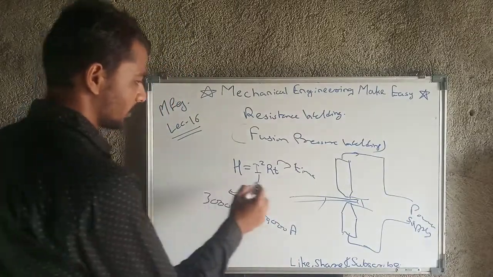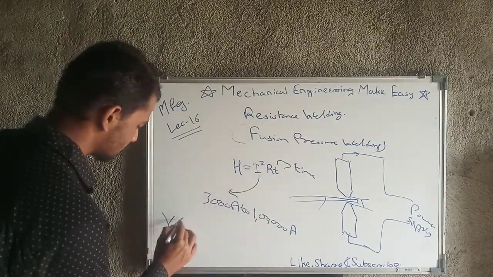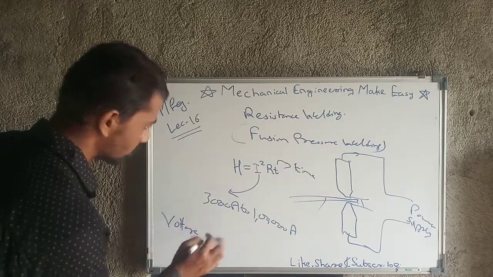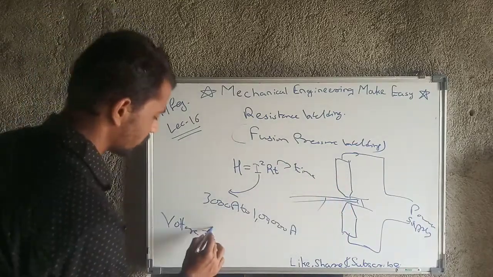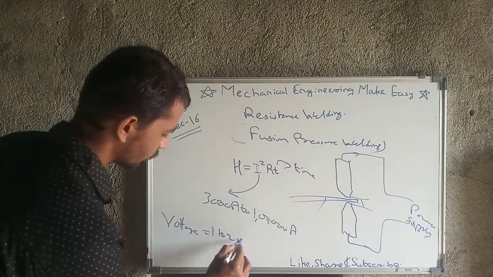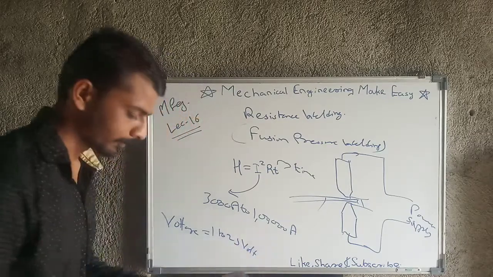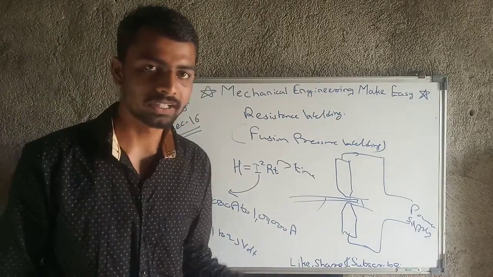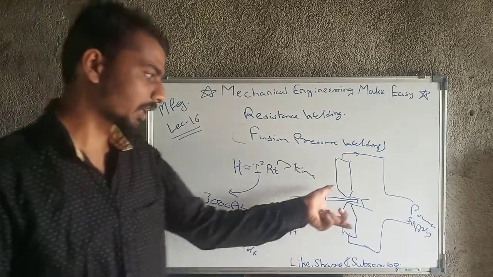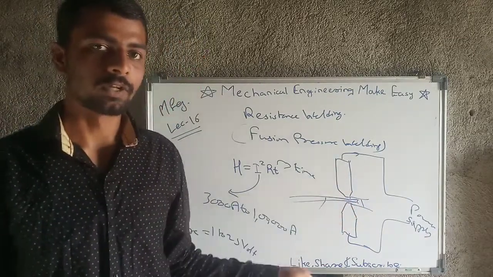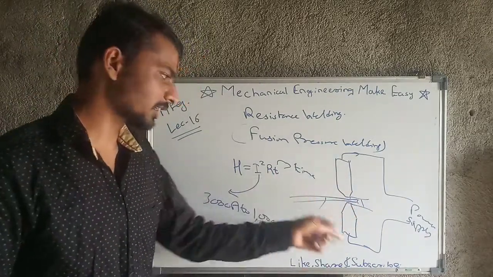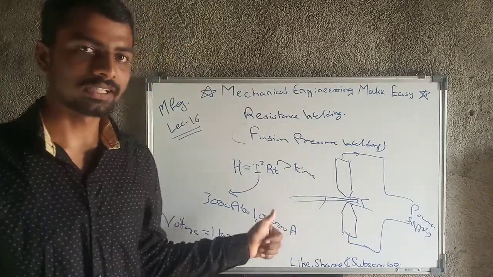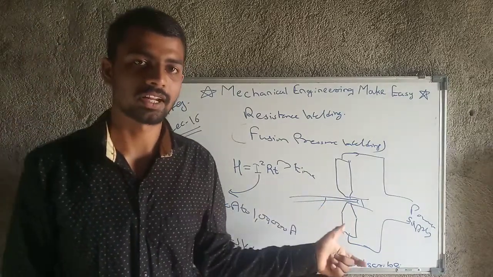And the voltage supplied to both the electrodes will have a value from 1 to 25 volt. Okay, means voltage is too much low but current is too much high, and if current is high, that current will face resistance for traveling, and that ultimately will increase the heat generation.